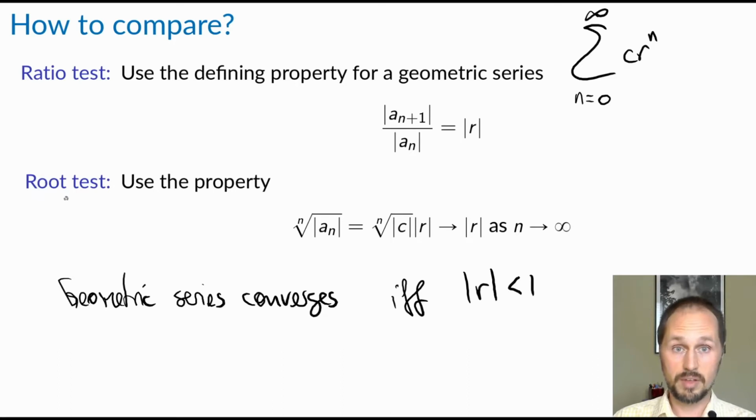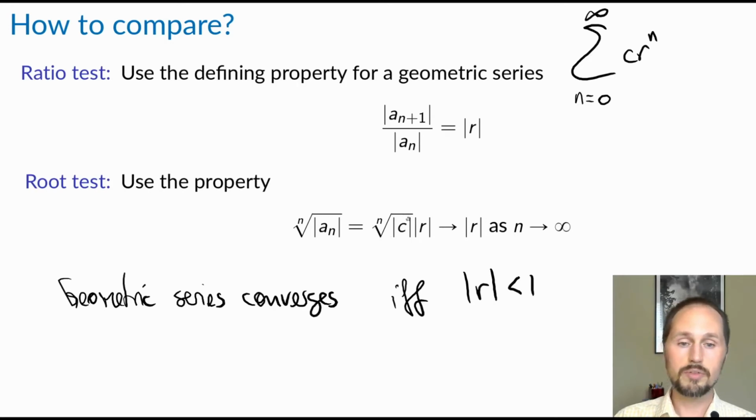The second way we have of characterizing a geometric series is by looking at the nth root of the nth term. If I take the nth root of c times r to the n, we're going to get the nth root of this constant c, and we're going to then multiply that by r. Well, the nth root of c is just going to go to 1.